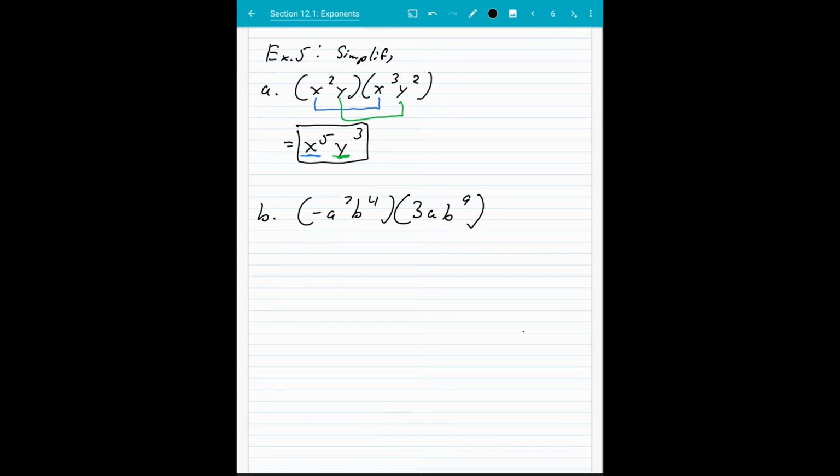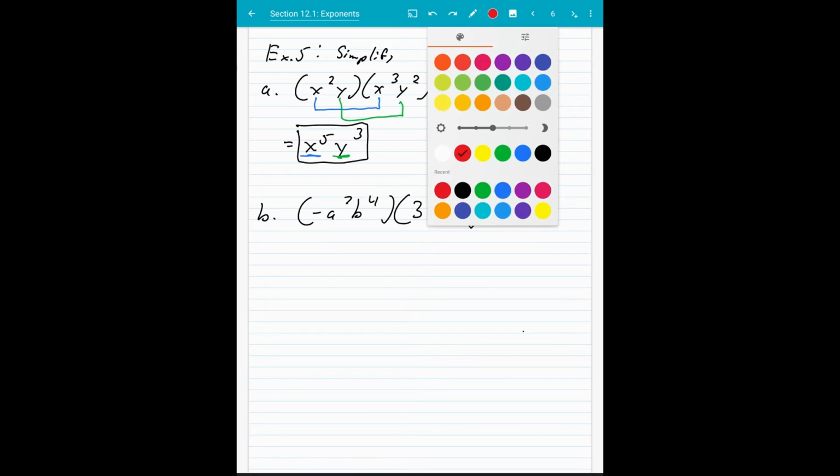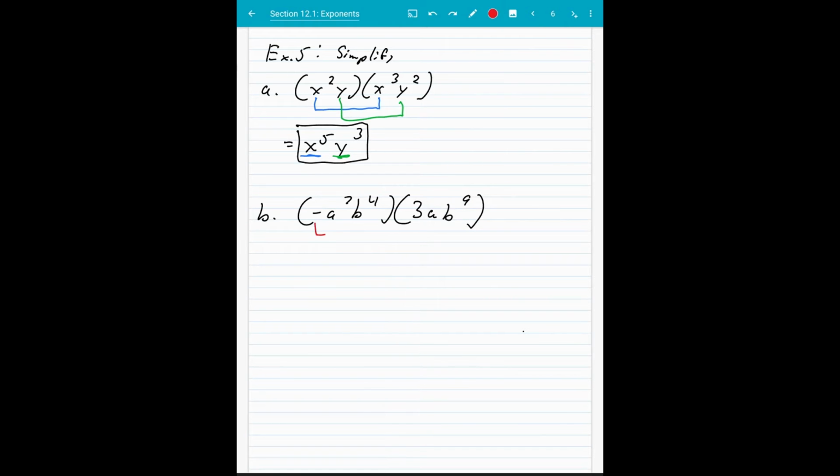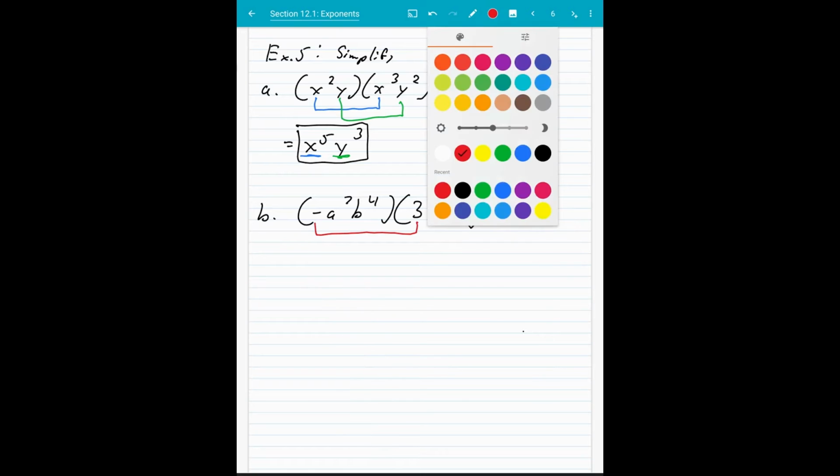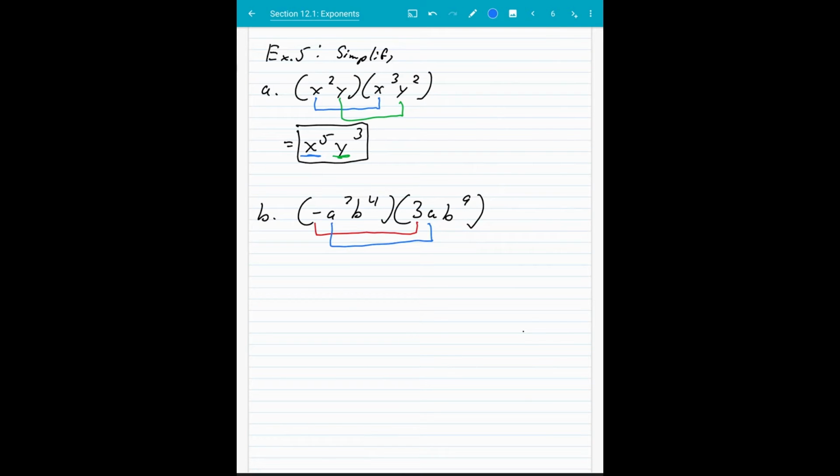But notice we have like numbers right here. We have our a variables, and we have our b variables. So we're going to multiply the numbers with numbers. Remember, this negative sign is a -1. Then we'll do the a's with the a's and the b's with the b's.